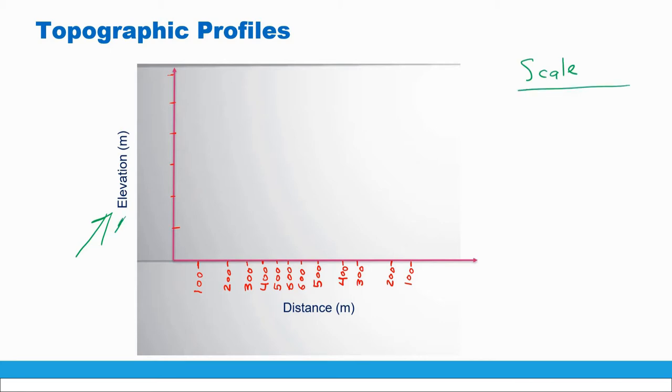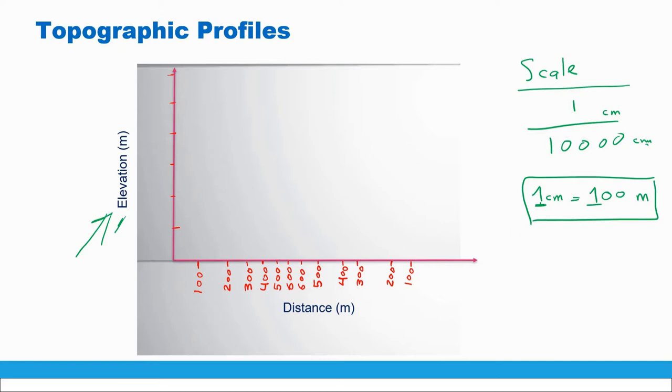Let's say that I'm going to use a scale of 1 to 10,000, for example, which means each 1 centimeter represents 10,000 centimeters, or in other words, each 1 centimeter represents 100 meters. So this is our scale for the vertical axis, or the elevation axis.